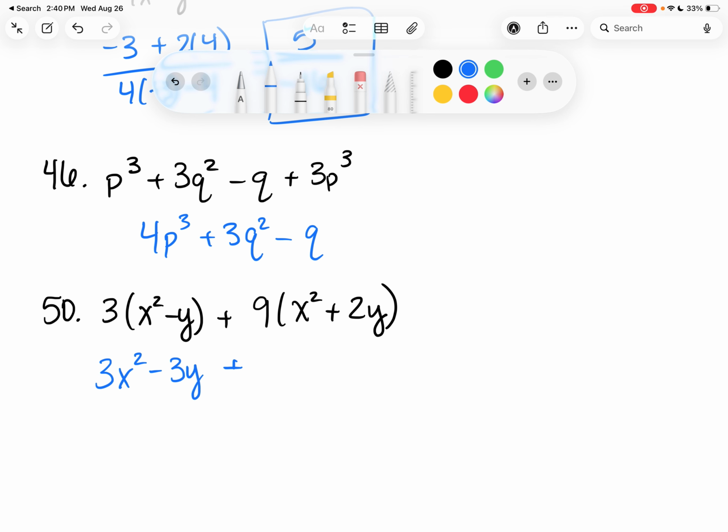And then other side. Positive 9x squared plus 18y. Yep. And then you put like terms together. 12x squared minus 3y plus 18, so that's positive 15y. Yep.